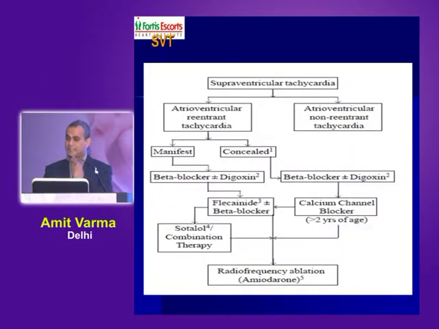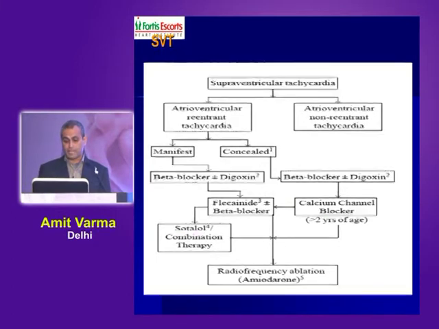Again, this is the same algorithm, and I won't waste time talking you through it, but there is a very clear-cut picture of what you can do when you're dealing with these kind of disease processes, and where you can reach a stage where both flecainide and beta blocker or going down a calcium channel blocker seems to be the end point of what we are achieving.